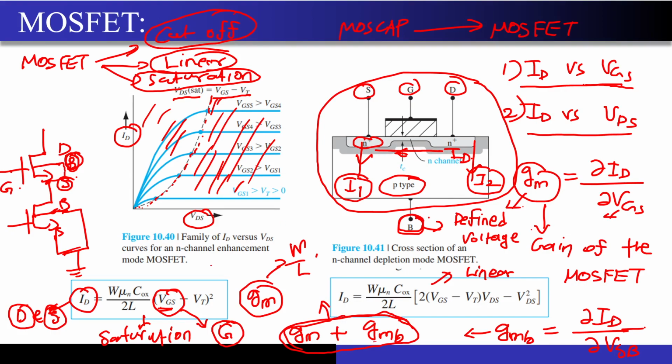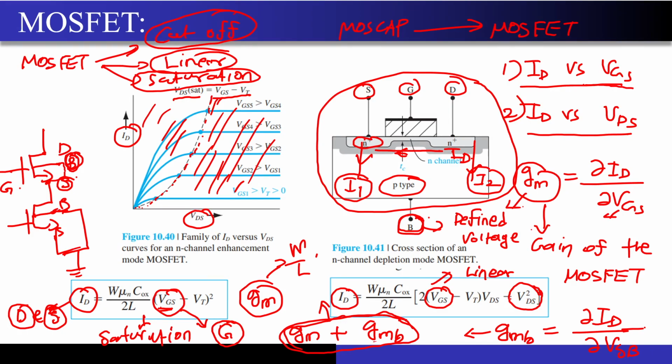If you want to get the transistor action, that is the amplification action, then you generally operate the device in saturation, because in the linear region the ID is not only dependent on the VGS, but also on the VDS. And this violates what I wanted to do with the transistor.